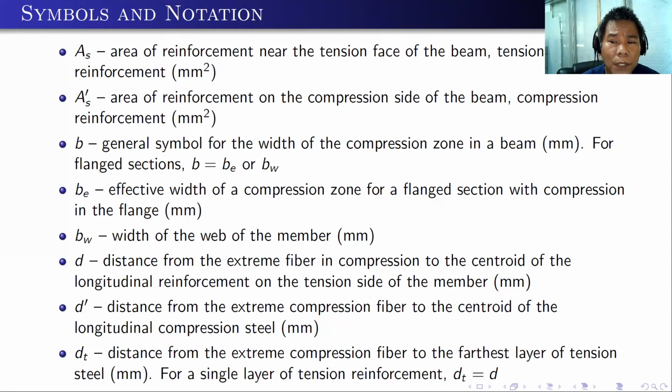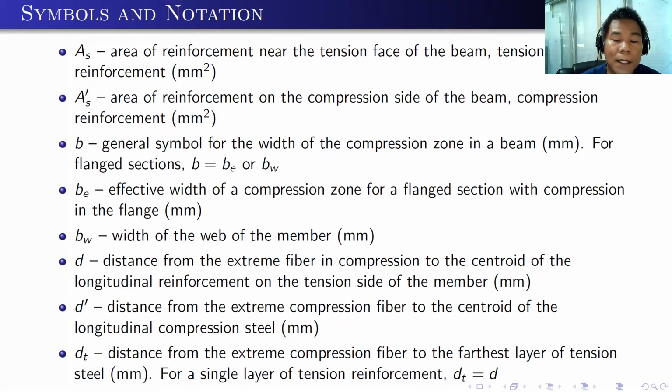Take note, compression zone in a beam, because in a flanged section, if the compression zone is in the flange, then your b is equal to b effective or b sub e, or it can be b sub w, that is the width of the web. b sub e is the effective width of the compression zone for a flanged section with compression in the flange. And b sub w is the width of the web of the member.